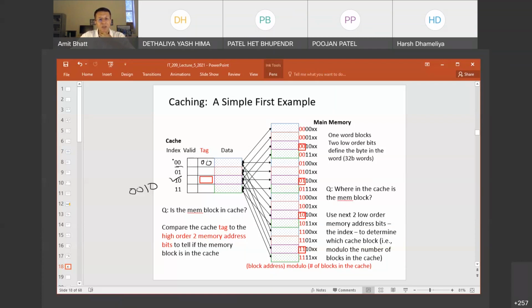Well, it has to sit here. When you match the tag and index, it is 0000, so this is not what you want. You go to main memory, get 0100, and put it over here. Till then the processor will have to wait till this instruction comes in and changes the tag to 01.